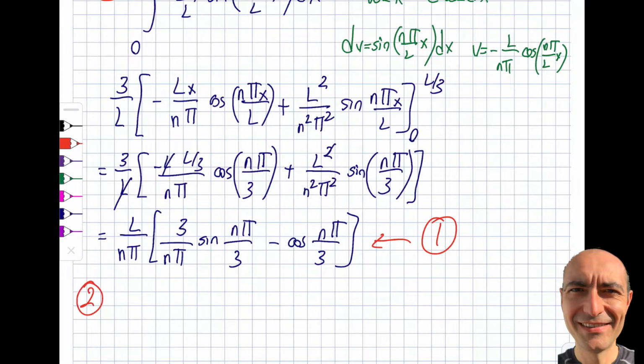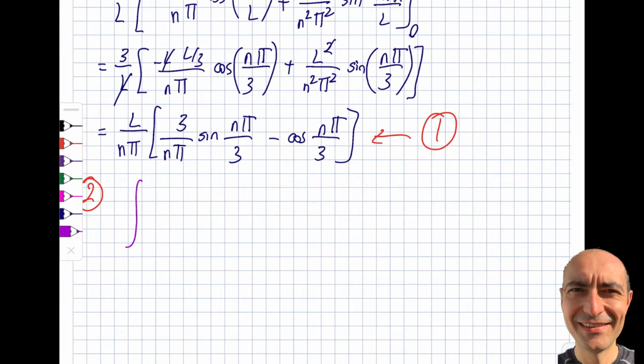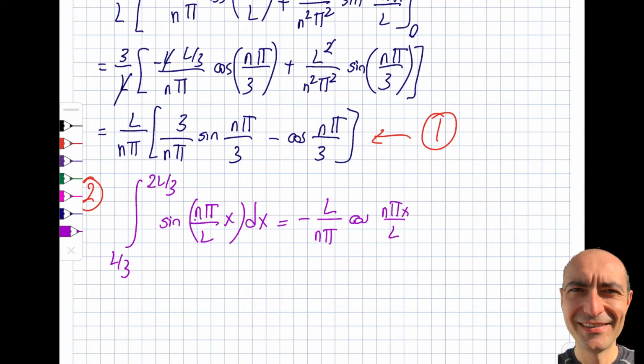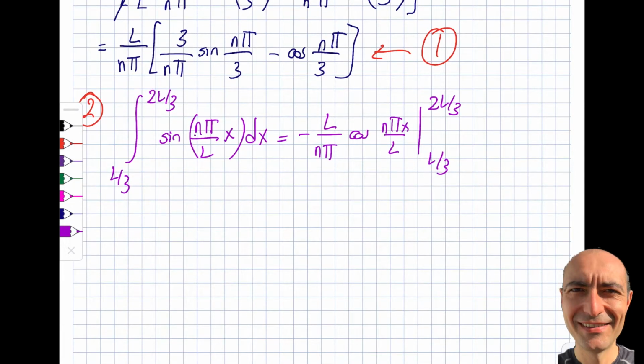Now let's go to 2. Okay, let's write it. It's going to be from L by 3 to 2L by 3, and I will have a sine of n pi by L times x dx. If I take the integral, I'll get a minus L by n pi, as I did in the above step, cosine of n pi x by L, and I have to evaluate this from L by 3 to 2L by 3. Okay, sounds fair.